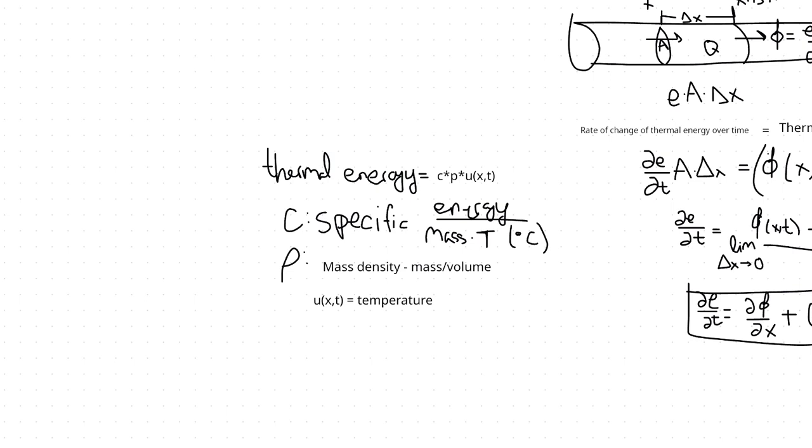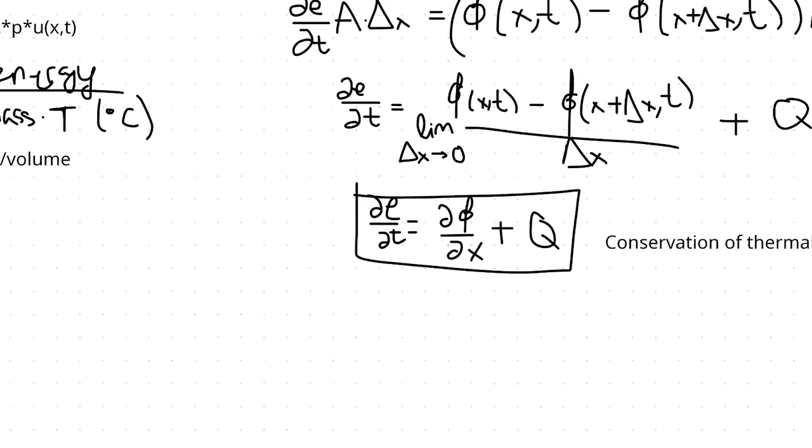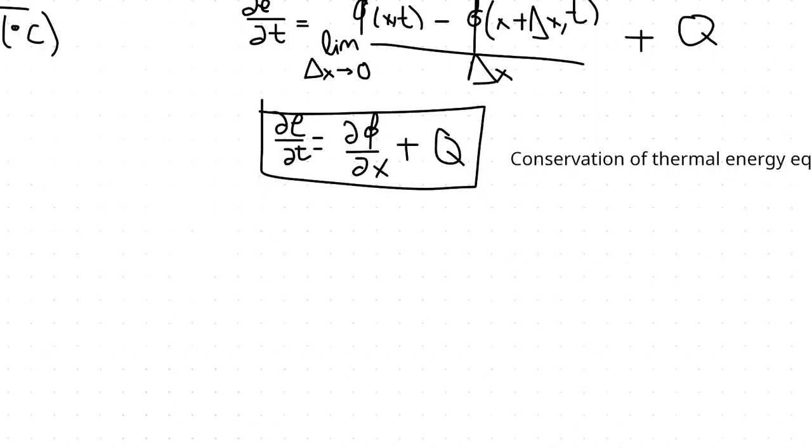And so we can rewrite this now if we assume specific heat and mass density to be constant, which we will. Then we can rewrite this as C times rho times partial U over partial t equals partial phi over partial x plus q.